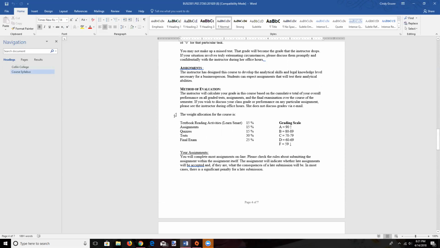Now before we get started, I sometimes get a question: why don't you let Canvas calculate grades? It is true that in many of my classes, I don't program Canvas to calculate your grades correctly for you. I don't do that for a couple of reasons. The first reason is that Canvas doesn't know how and if I'm going to finally curve grades.